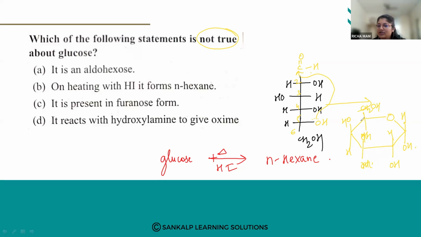It is a pyranose structure, a 5 membered ring: 1, 2, 3, 4, 5. So this is a wrong statement. When it reacts with hydroxylamine, yes, it gives oxime. So the other three statements are correct, and only option C is wrong, because it does not have a furanose. Furanose means a 4 membered ring, but here you can see it is a 5 membered ring. I hope you have got it.